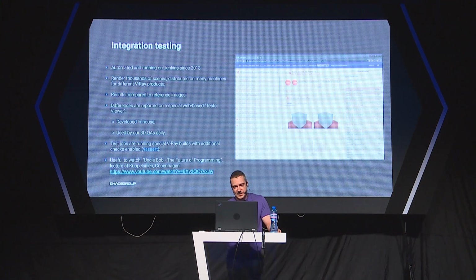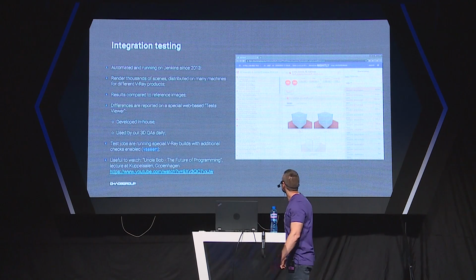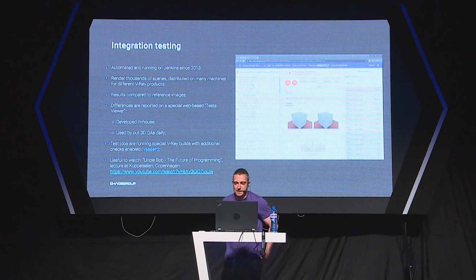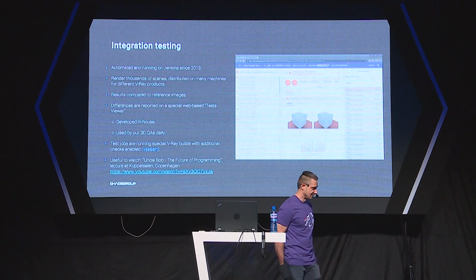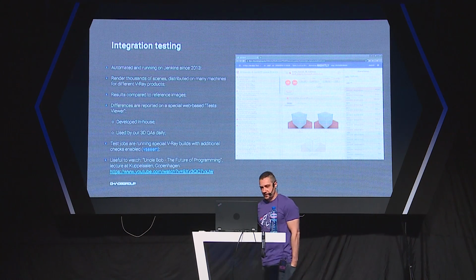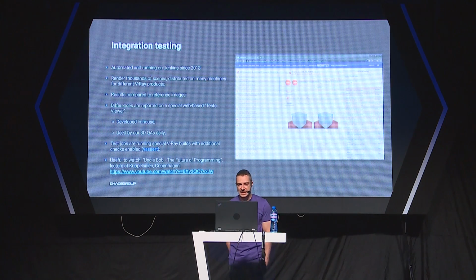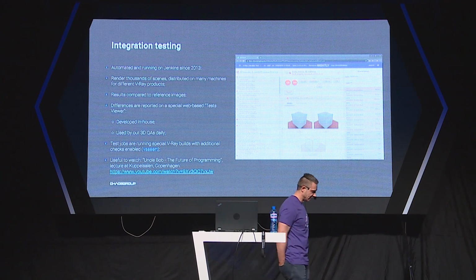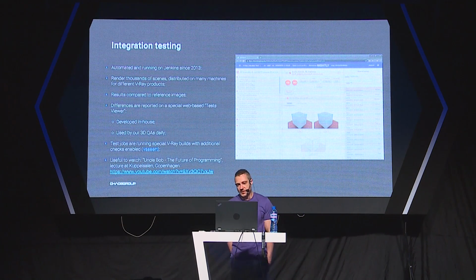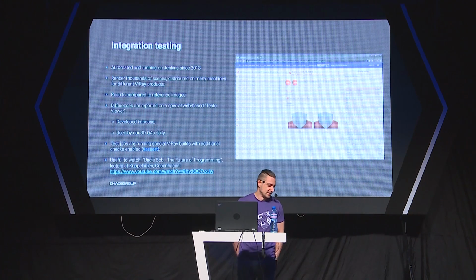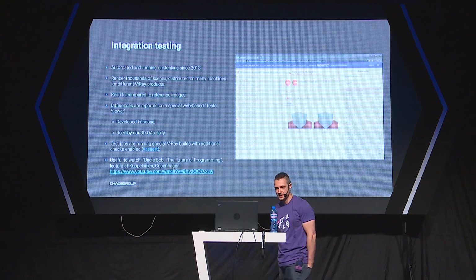And the result of all those tests is represented in this test viewer system that we also wrote in-house, which, after a scene is rendered, compares the result to some reference image that we marked as the correct image for this scene. And our QA team can look at this and figure out what the differences are if something broke, and they can go to the developer and tell them, hey, you broke this since yesterday, can you fix it?